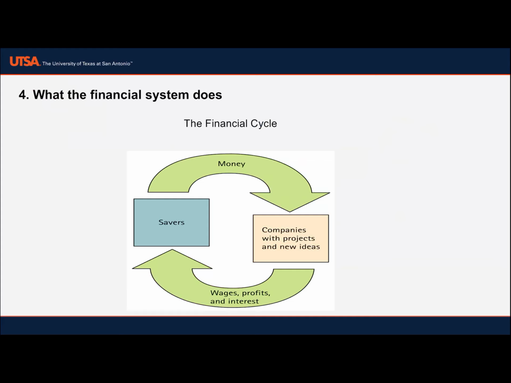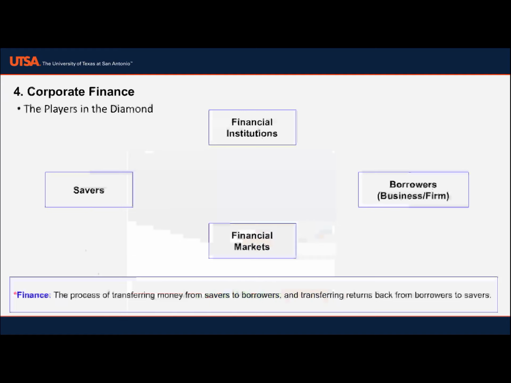So what does the financial system do? The financial cycle shows the savers and the borrowers. Savers can be individuals or institutions, and they give money to the borrowers. Those can be individuals, financial institutions, or companies, maybe companies with a project and a new idea. Companies also generate wages, profits, and interest for the savers. This is the cycle of the financial system.